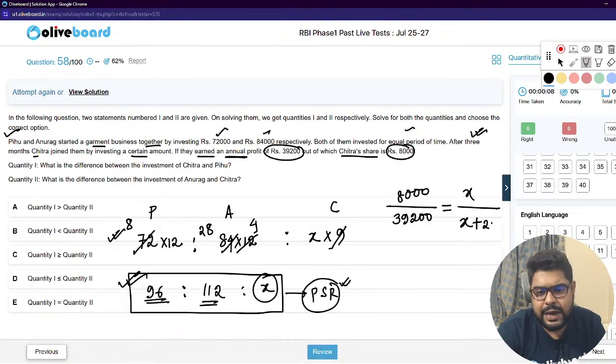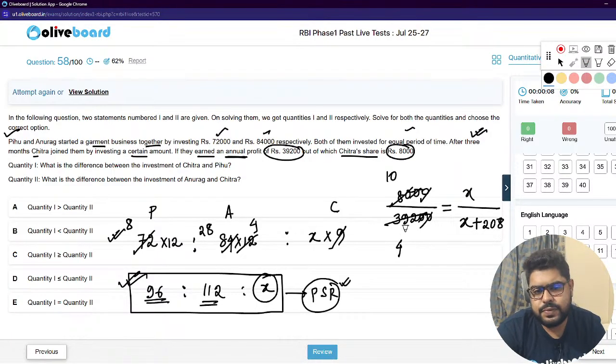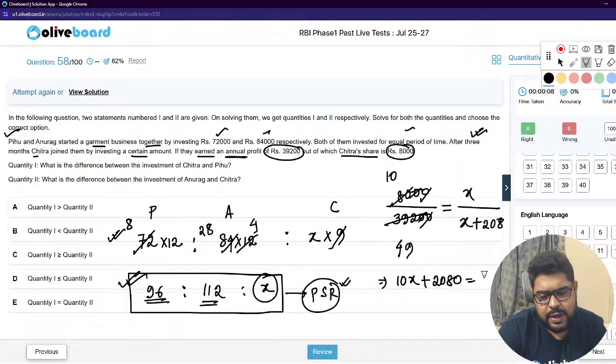This is 208. Zeros gone. So divide by 8, 8 into 5 is 40, 4 8s are 32 and 8 9s are this. So from there 10x plus 2080 is equal to 49x.